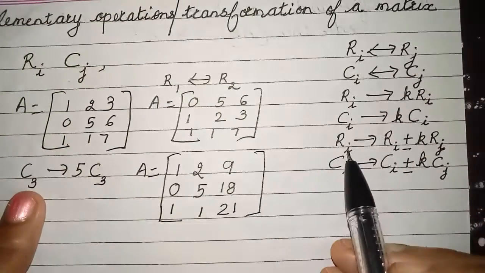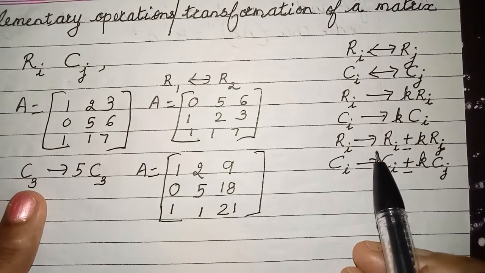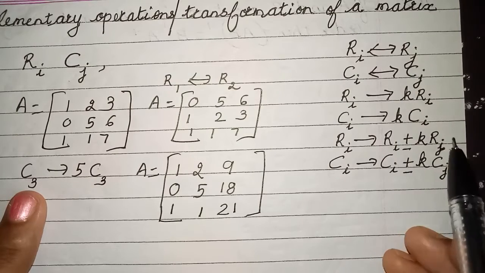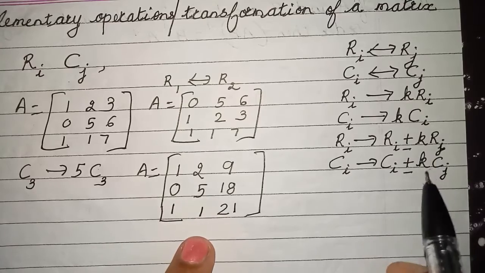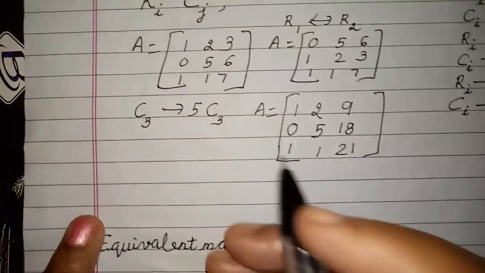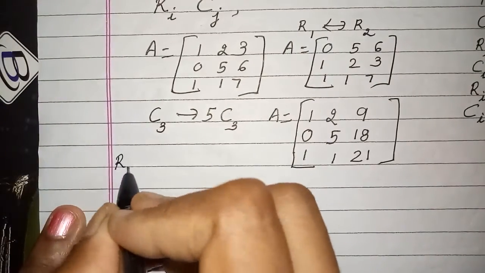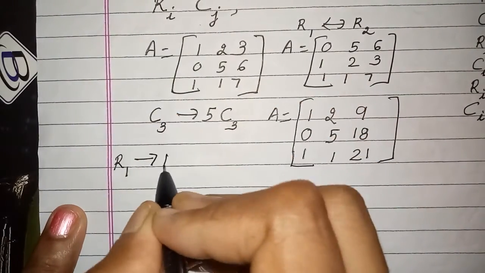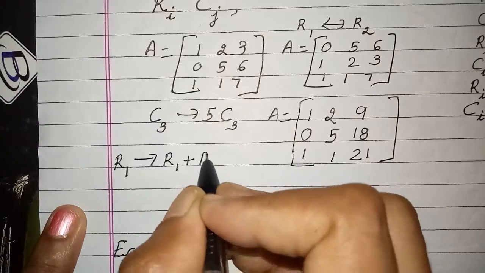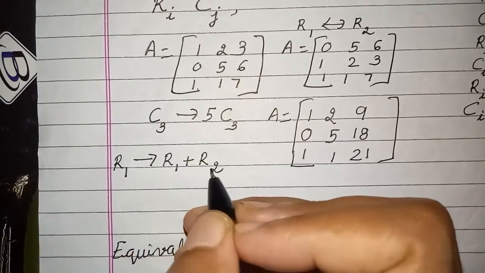The next one is, to one row you are adding a scalar multiple of another row, or subtracting a scalar multiple of another row, or to a column. For example, children, in row 1 of matrix A, if I do R1 plus R2, that means R1 and R2 I am adding.